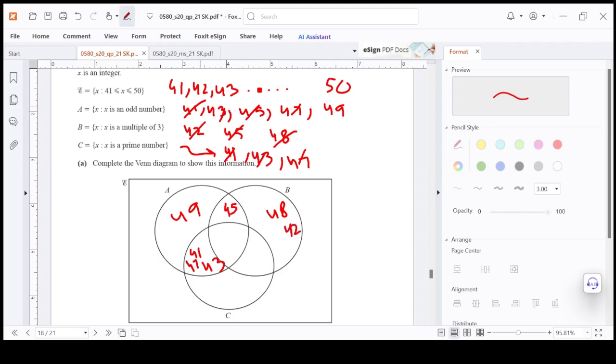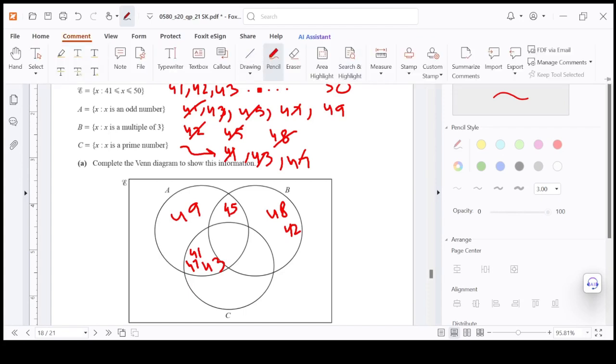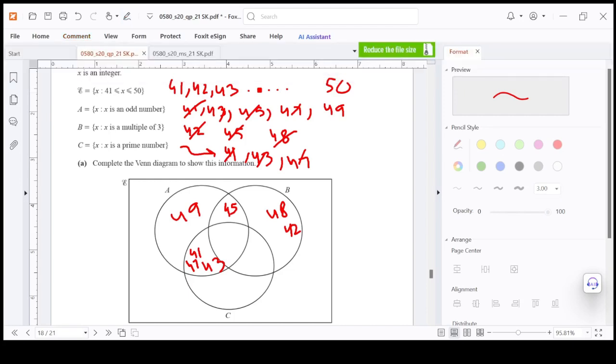Let me check if I got this right. But again, the missing numbers have to be written in the correct regions as well. 49 is already written. Now whatever is left comes outside of these 3 circles. So 41 is done, 42 is done, 43 is done, 44 is not done, 45 is done, 46 is not done, 47, 48, 49 is done, 50 is not done.